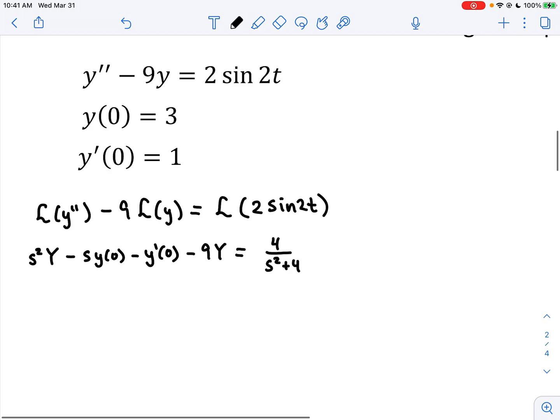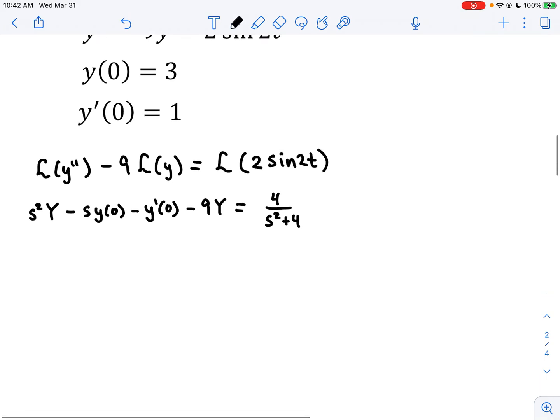Okay, from here now we use the initial conditions, and also we are going to isolate the capital Y. There are two initial conditions right here, so we're going to replace those with these numbers, and then I'm also going to move those to the other side of the equation. So let's see how much of this we can just do all at once.